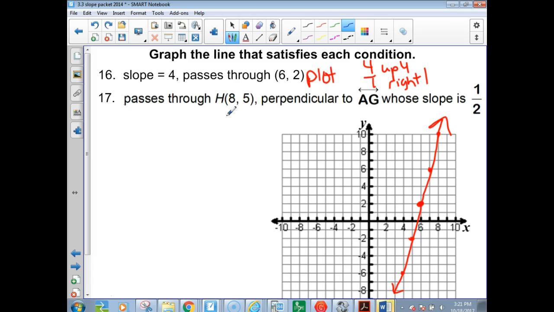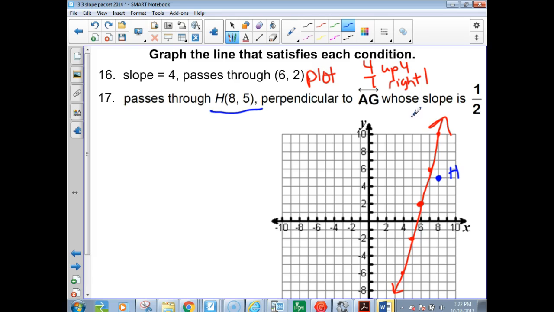So I'm going to do it a different color. It says passes through the point 8,5. So I'm going to find 8,5 and make a point there. I'm going to label it H because it called it H. It says we want to make a line through this point that is perpendicular to line AG with a slope of 1/2.